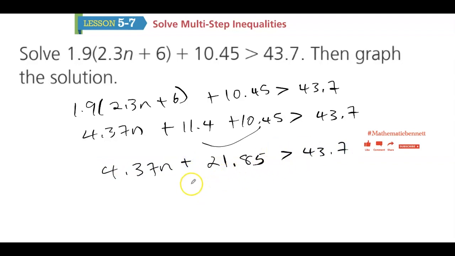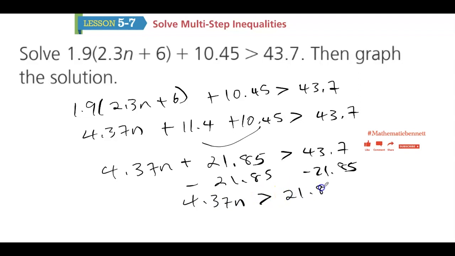From there, we can eliminate our constant by subtracting 21.85 from both sides. And we see that 4.37n would be greater than 21.85. From there, we can divide both sides by 4.37.